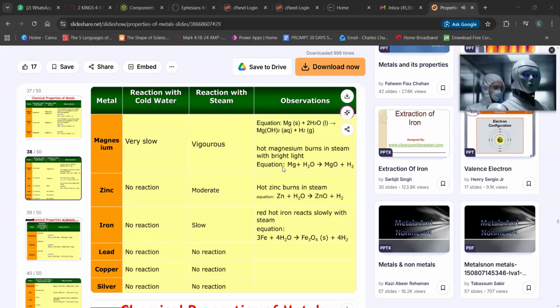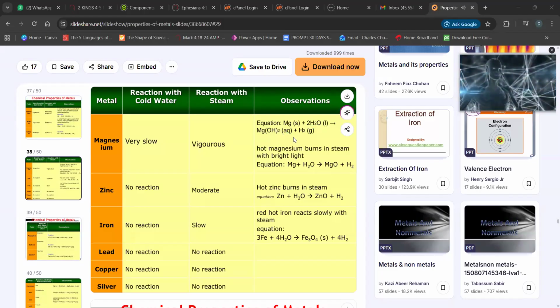So I now understand the question you were asking, whether it always happens that way. There are some exceptions. For instance, look at what happens when hot magnesium burns in steam. When it's magnesium and water, what do you have?